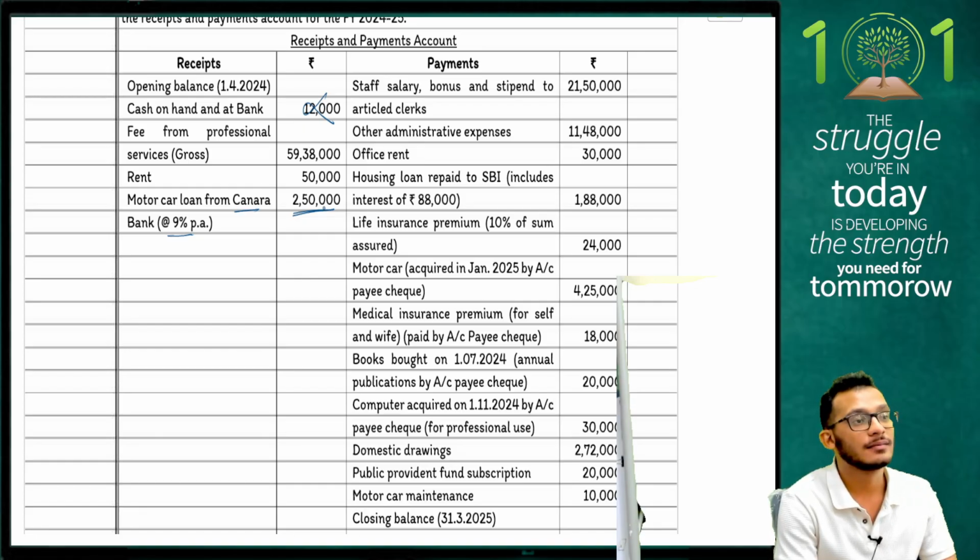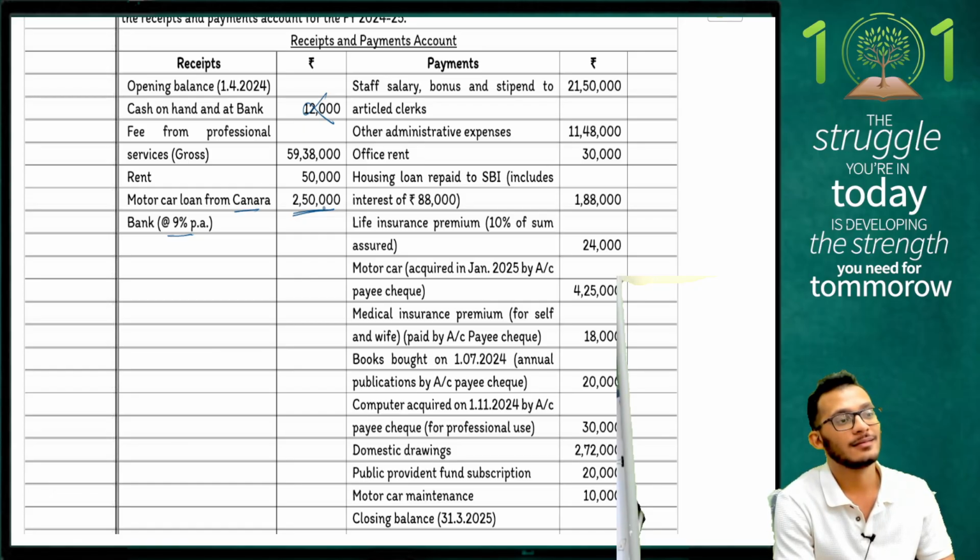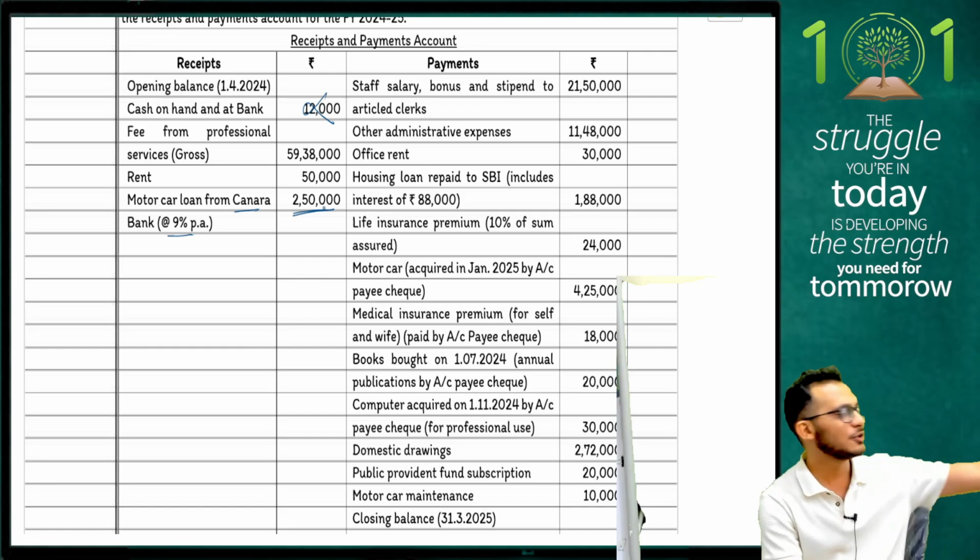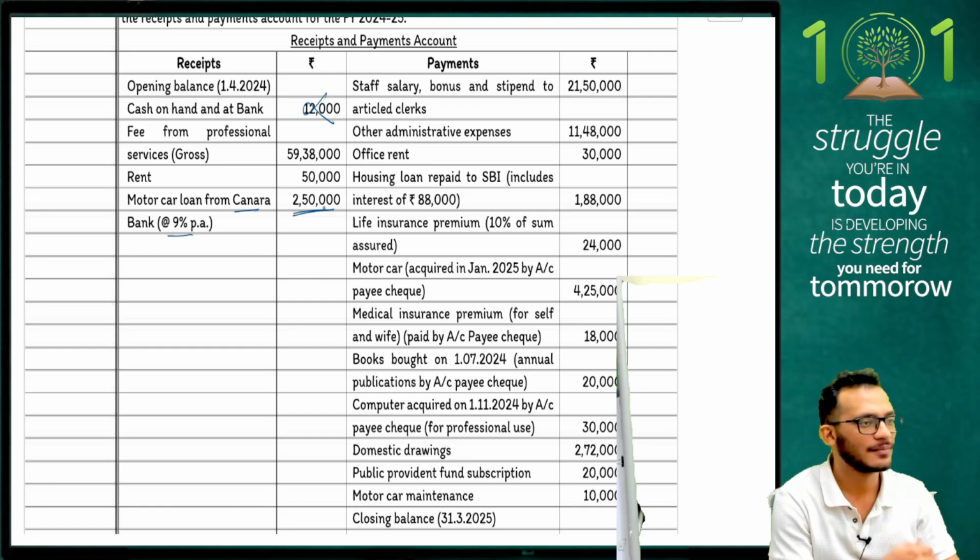Meaning, if the question says that they have paid, then you will claim it as an expense. If not, it should already be on the other side. It doesn't matter. Clear? Yes.